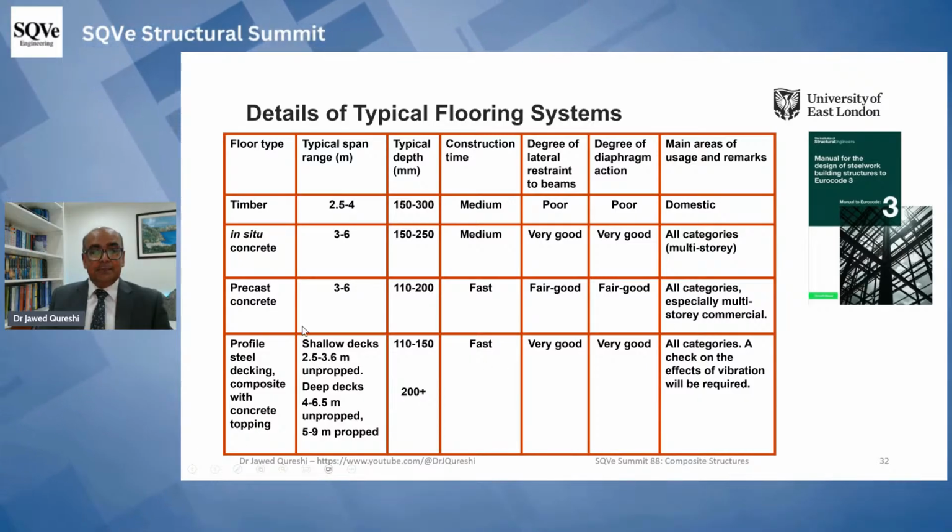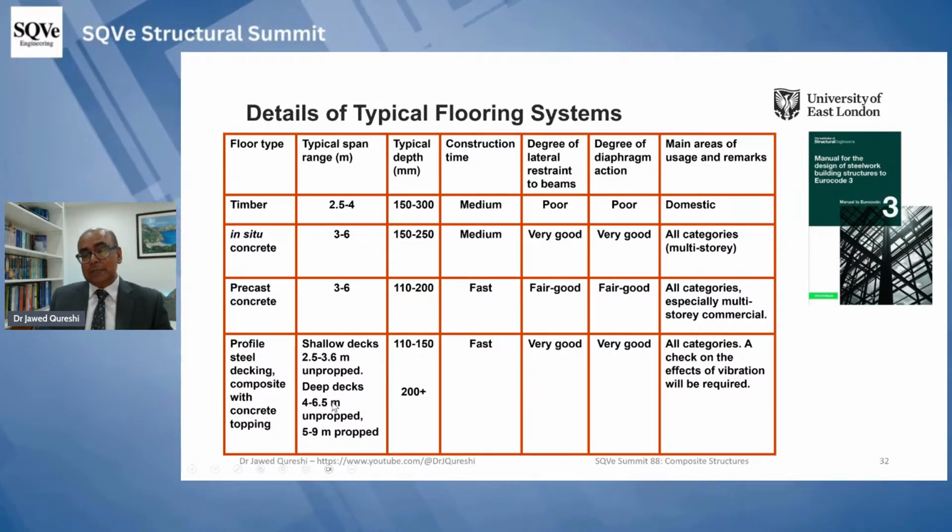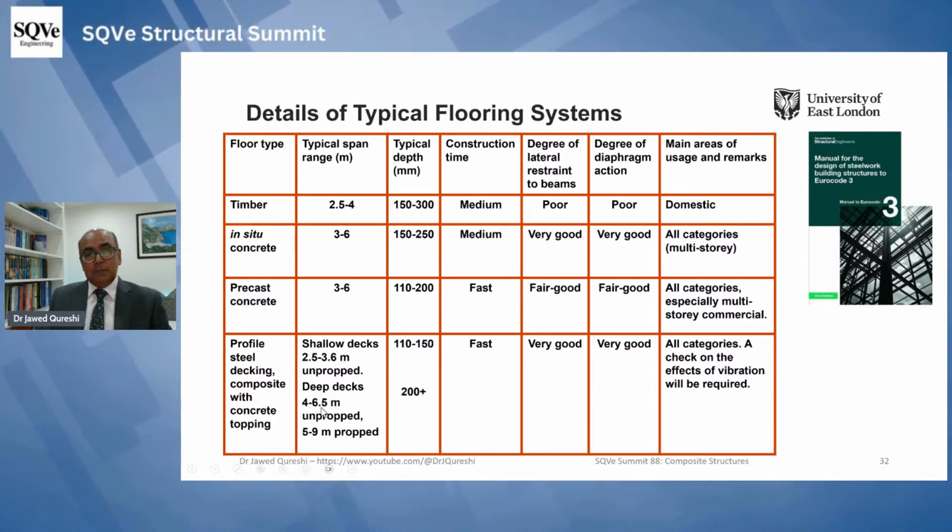Profile decking slabs. Shallow decks, they can range from 2.5 to 3.6. Deep decks, they can range from 4.6 to 5 meters. But nowadays, they can span up to 6 meters as well. And nowadays, we have slim deck slabs as well, which can span up to maybe 8 or 9 meters as well.